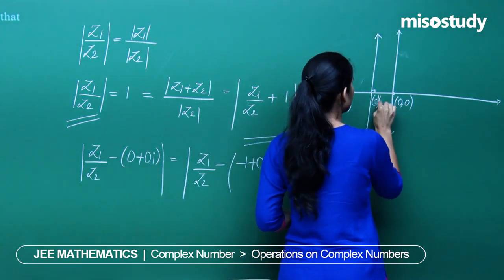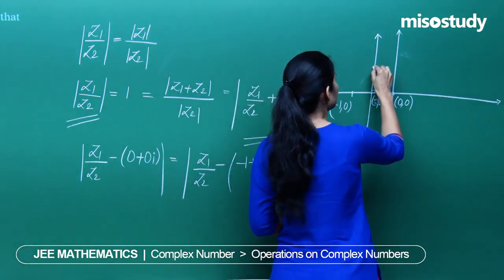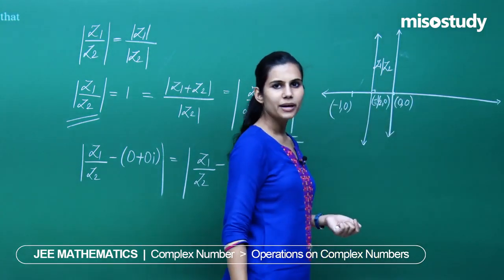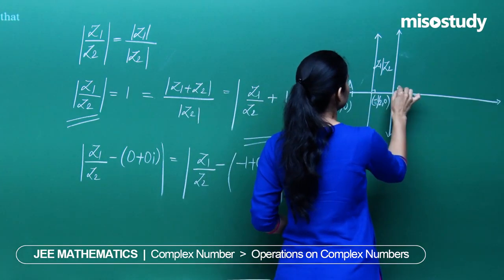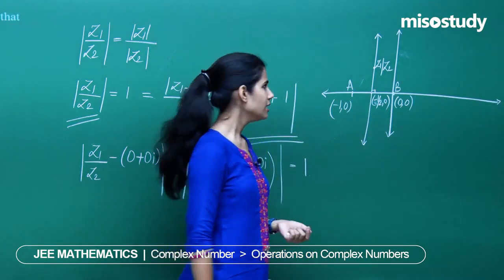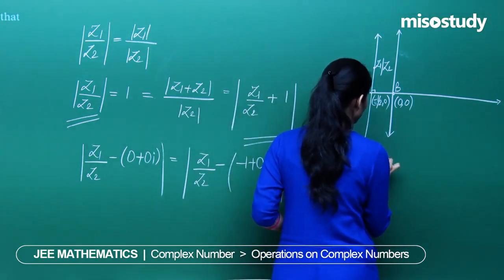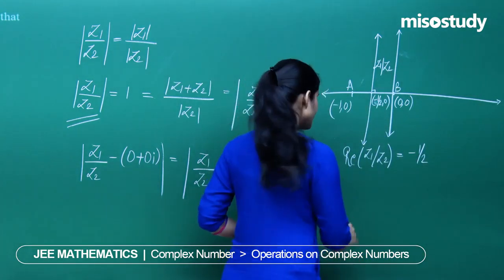Minus half comma 0. Z1 by Z2 is a complex number lying somewhere on this line. Z1 by Z2 lies on the perpendicular bisector of the line segment joining minus 1 comma 0 and 0 comma 0. That means the real part of Z1 by Z2 for sure is minus half. So what is Z1 by Z2?